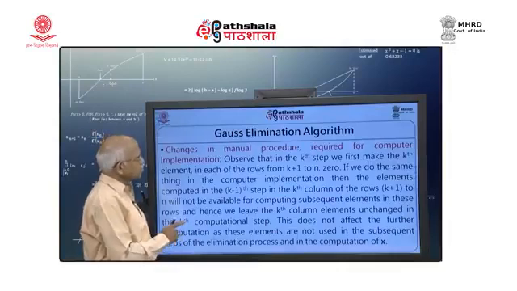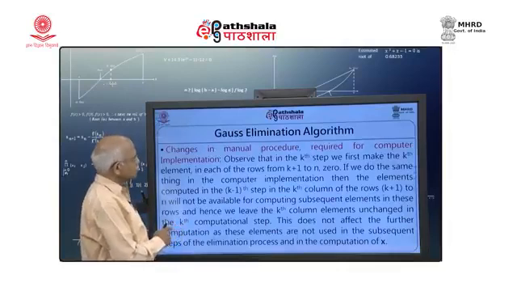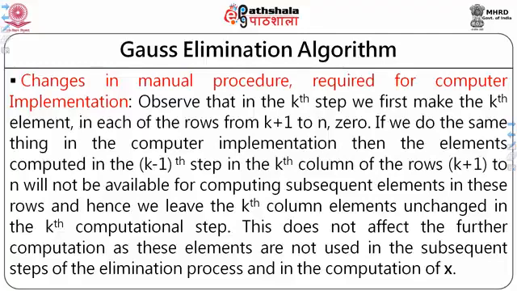Here we are talking about changes in the manual procedure required for computer implementation. Observe that in the kth step we first make the kth element in each of the rows k plus 1 to n 0. You know that we are making the first column elements, the kth element in each of the rows k plus 1 to n, 0.